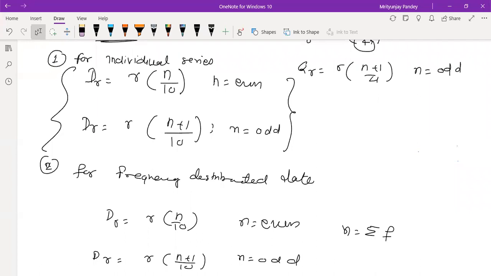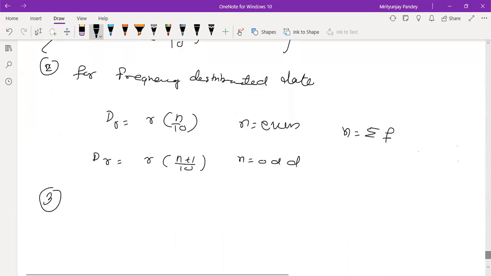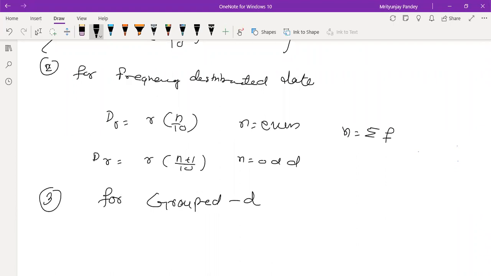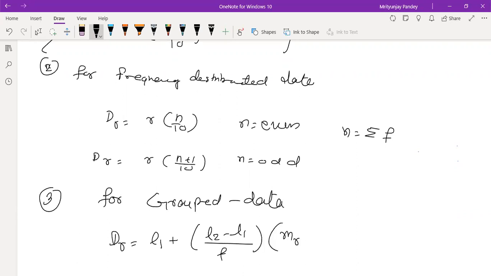Understood? And now the third formula, for grouped data. So Dr equal to L1 plus L2 minus L1 divided by f, in bracket, Mr minus c. Understood?